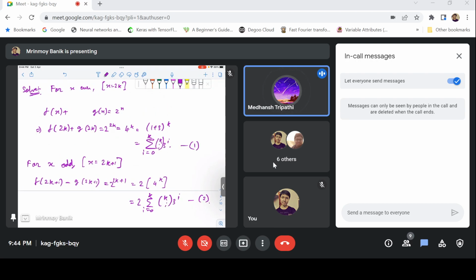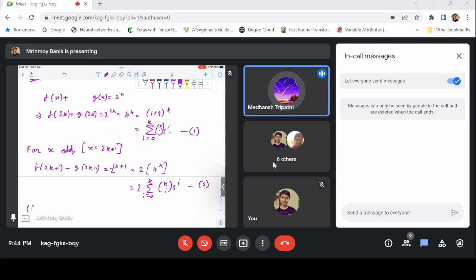Basically 2 to the power 2015 times that coefficient is equal to the coefficient of this thing, and the RHS on both sides is already a polynomial in k.